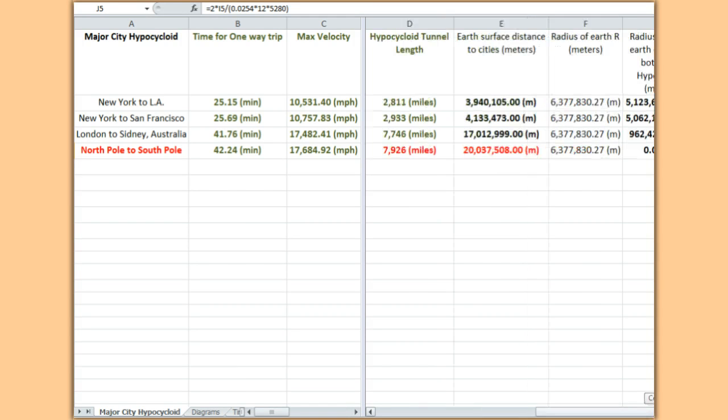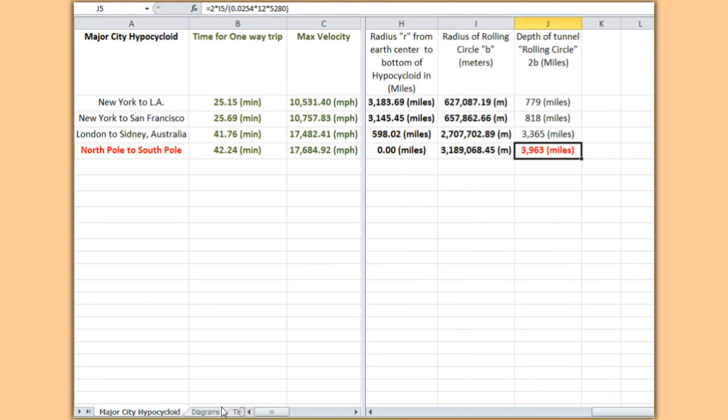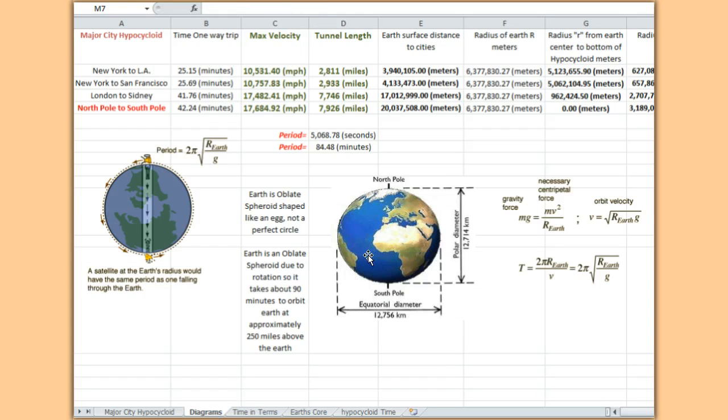Okay. So let's look at diagrams here. We have our North Pole to South Pole. That's the one we're really interested in, because to travel from the top of the Earth to the bottom of the Earth in a tunnel, let's say we had drilled straight through the Earth, takes 42.24 minutes.